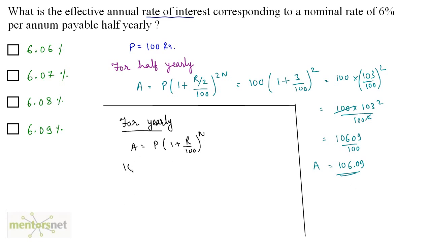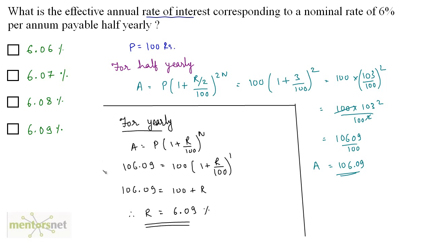The amount 106.09 equals 100 into 1 plus R, which is what we have to find, upon 100 raised to N, which is 1. So this is 106.09 equals 100 plus R. Therefore R is equal to 106.09 minus 100, that's 6.09%. So the rate is option D, 6.09%.